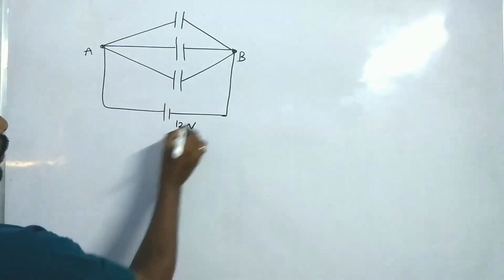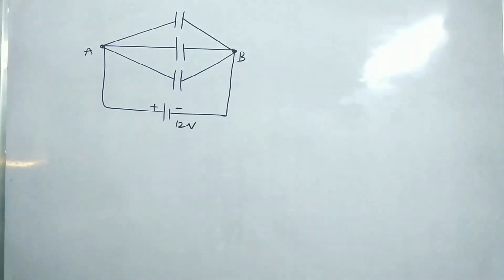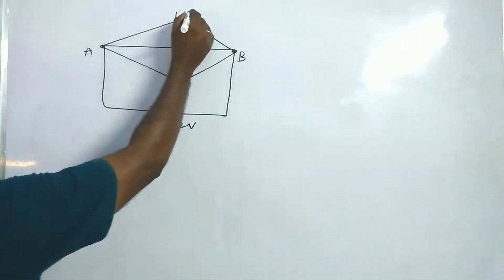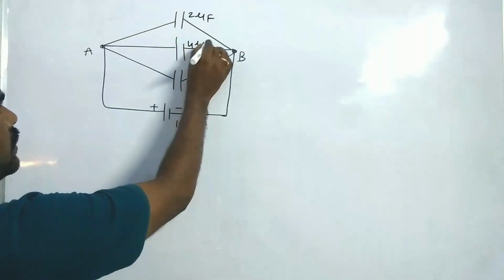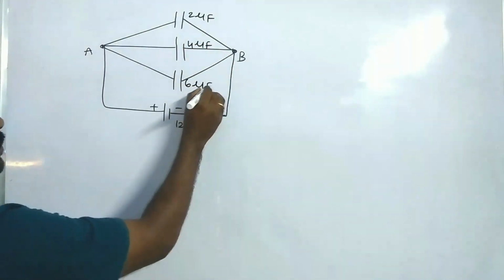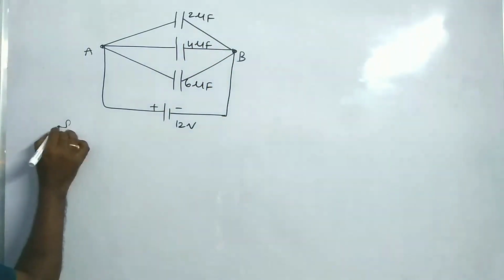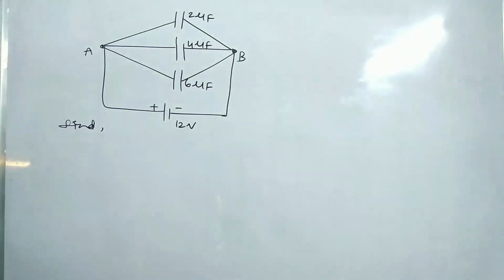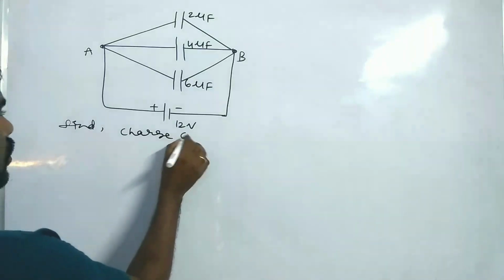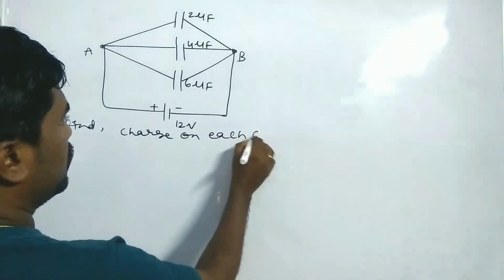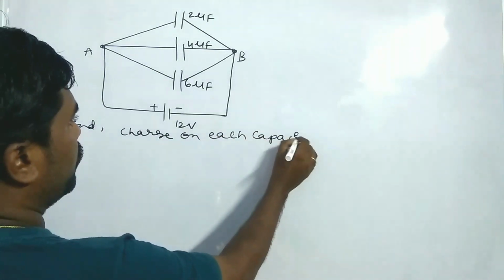It is a 12 volt battery, plus and minus. So these are 2 microfarad, 4 microfarad, 6 microfarad. Find the charge on each capacitor. Charge on each capacitor here.